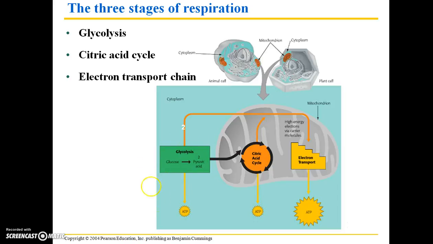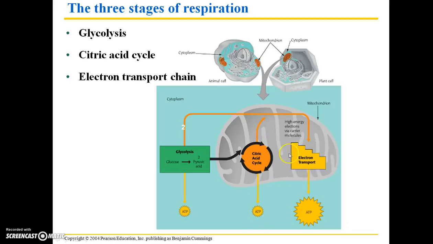The overall outcome of this is glucose produces two pyruvic acid molecules. The citric acid cycle occurs within the mitochondrion. So the two pyruvic acid molecules are going to be converted to citric acid in this citric acid cycle here. ATP is going to be produced.